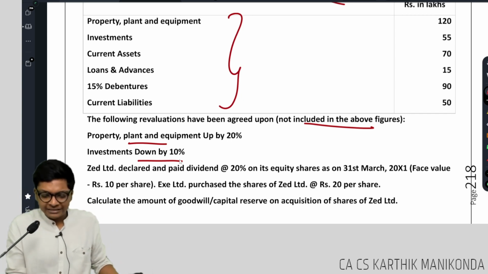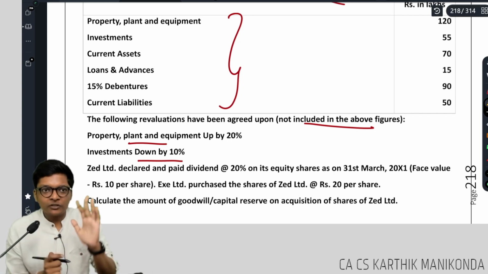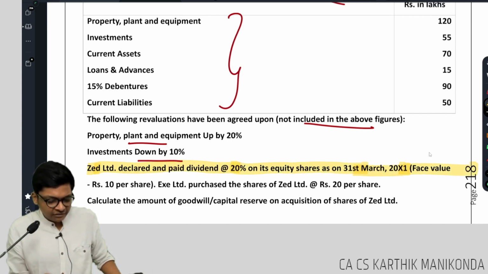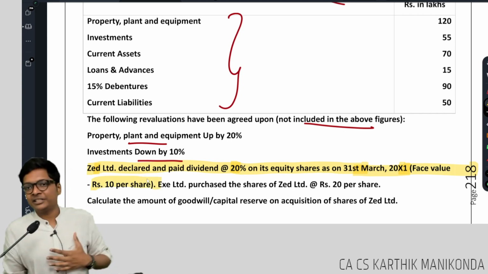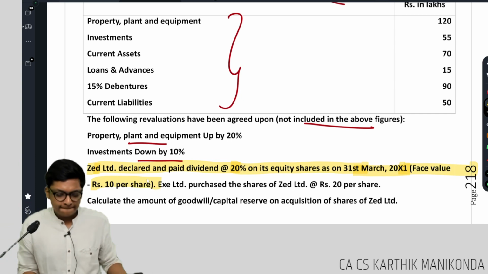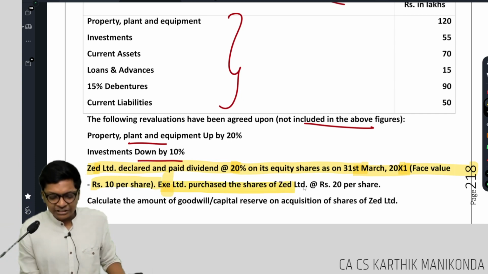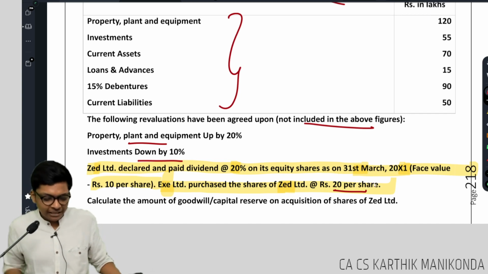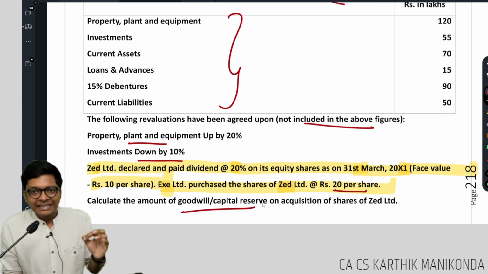Are you following guys? This part ignore for the time being. Z Limited declared and paid 20% dividend on its equity shares, face value 10. Just ignore this for the time being. Assume it's not there in the question. X Limited purchased the shares of Z at 20 per share. Calculate goodwill or capital reserve.